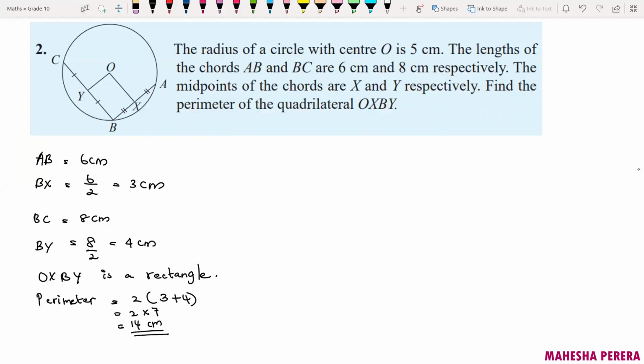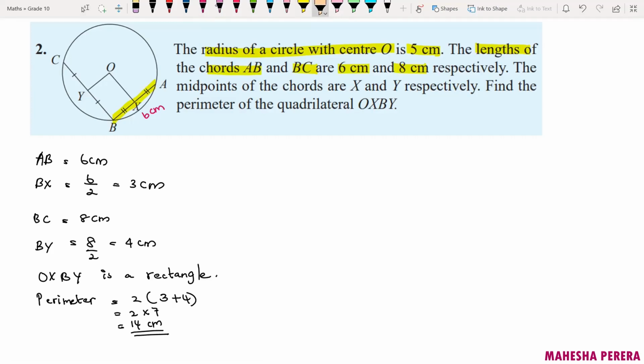Okay, next question. The radius of a circle with center O is 5 centimeters. The lengths of chords AB and BC are 6 centimeters and 8 centimeters respectively. This is chord AB. The length of this chord is 6 centimeters.